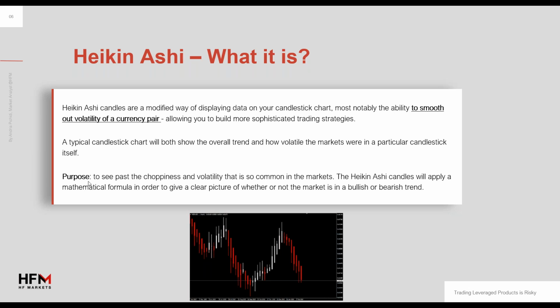So the purpose of the creation of Heikin Ashi initially is to see past the choppiness and volatility that is so common in the market, to smooth out the volatility. Simple as that, right? Obviously, like every single other indicator, there is a mathematical formula behind the calculation of Heikin Ashi.